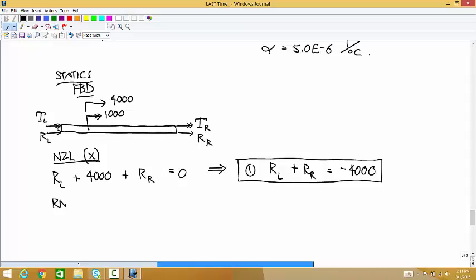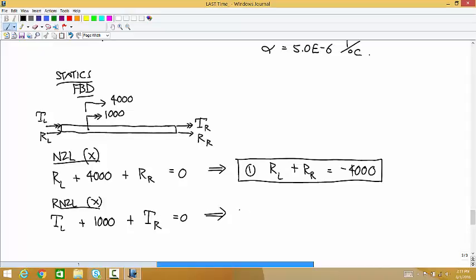And then the rotational equation about the x-axis says fancy TL plus 1,000 plus fancy TR is equal to 0.